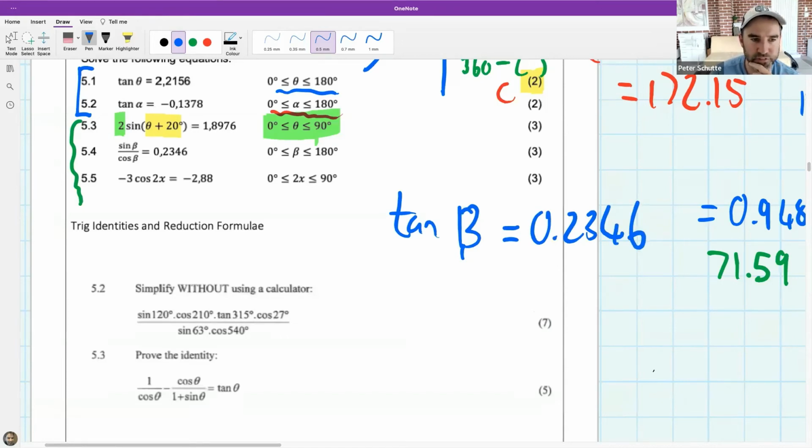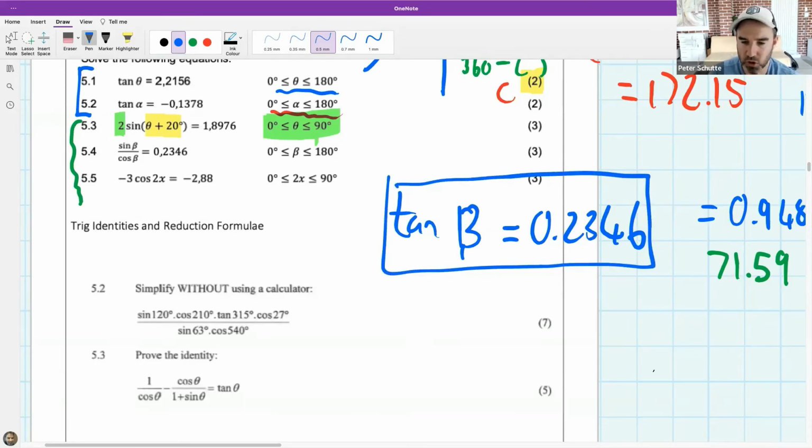Now I want you to find me the solution to the tan of beta equals 0.2346 using your knowledge from this particular question. But bear in mind, I'm only interested in the answer in that section over here.